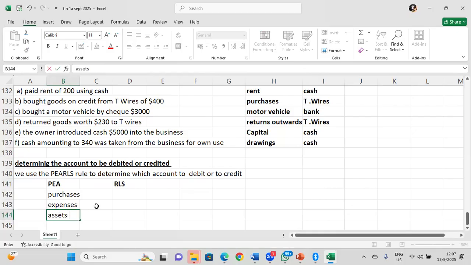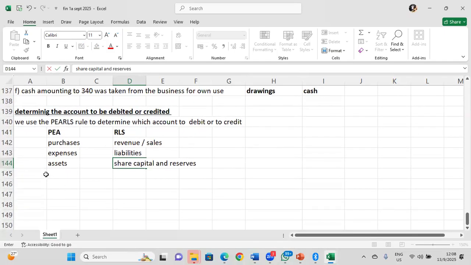A is the assets. Then R is the revenue or sales. L is the liabilities. Then S is the share capital and reserves. So what does this mean? It means all these first three have a debit balance. These have a credit balance.